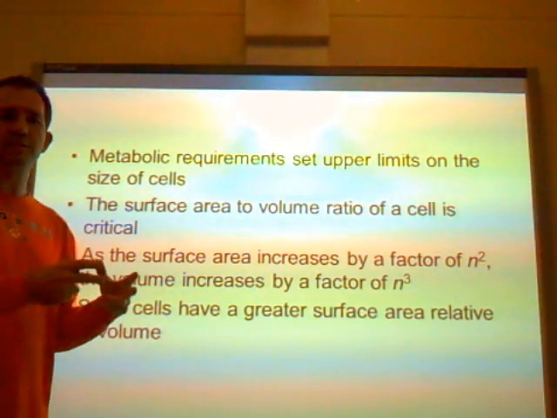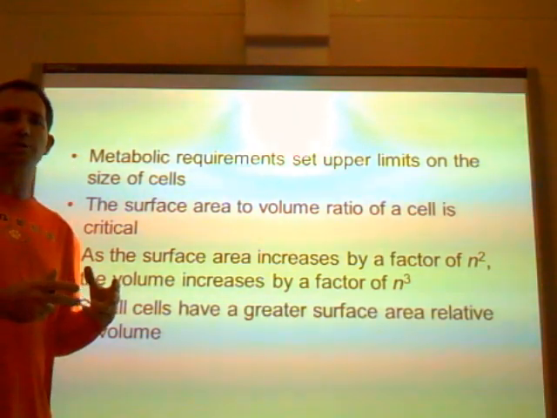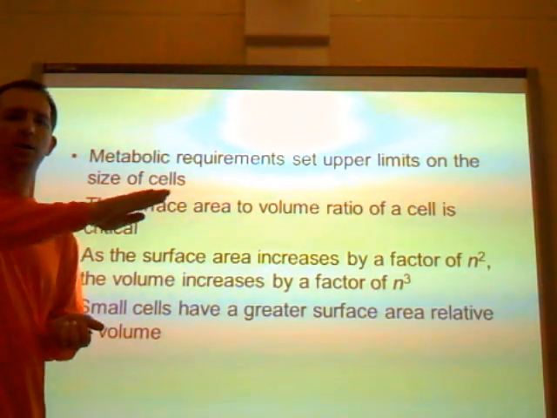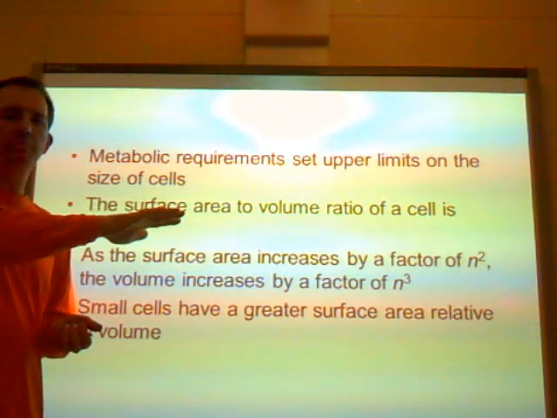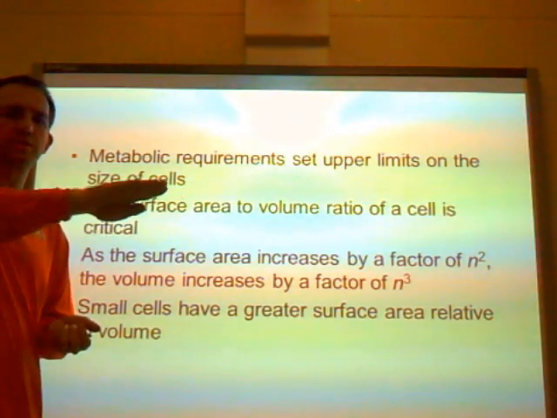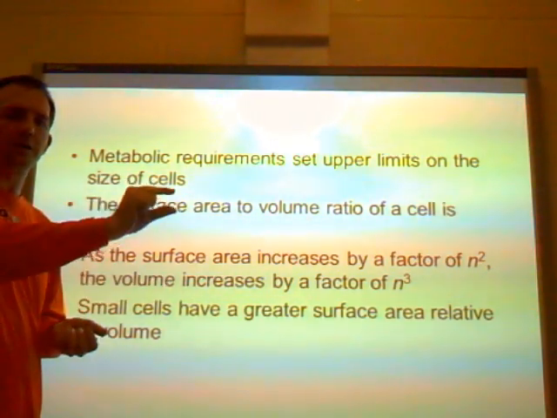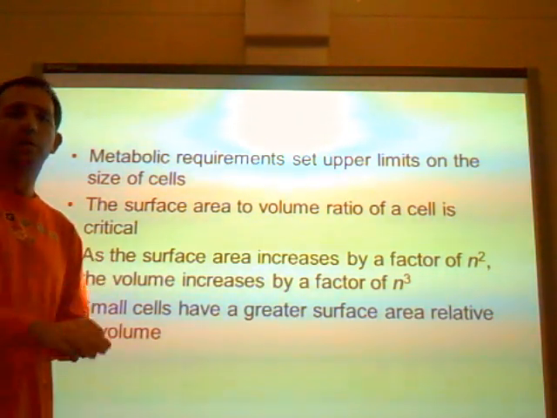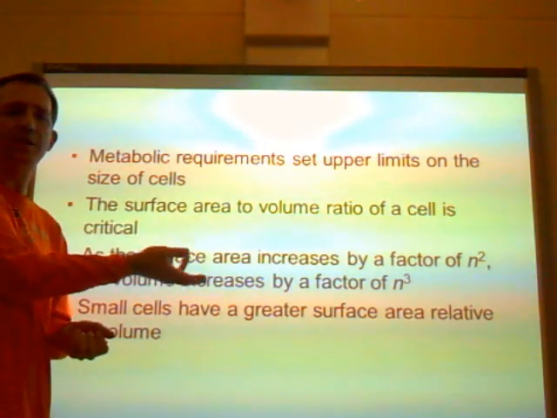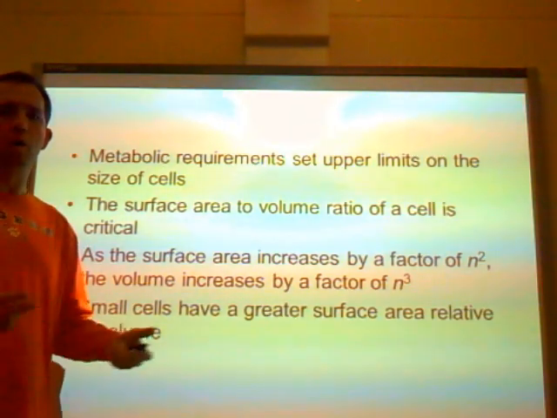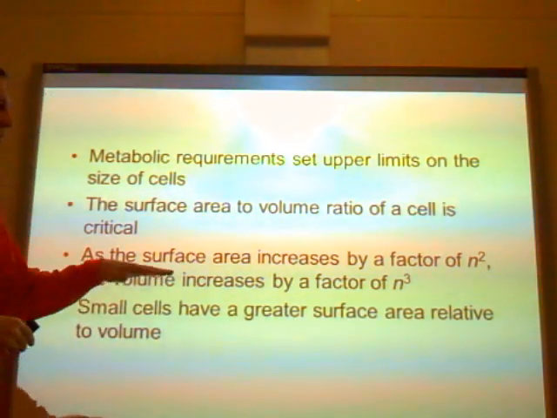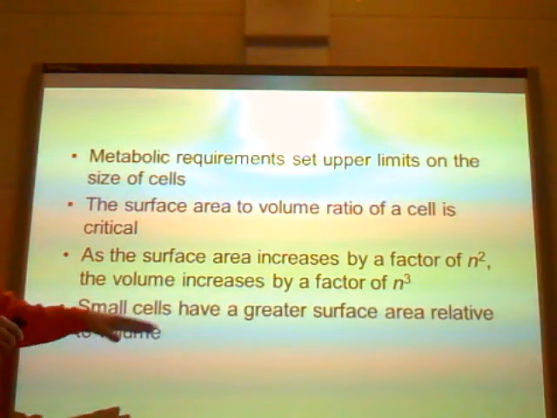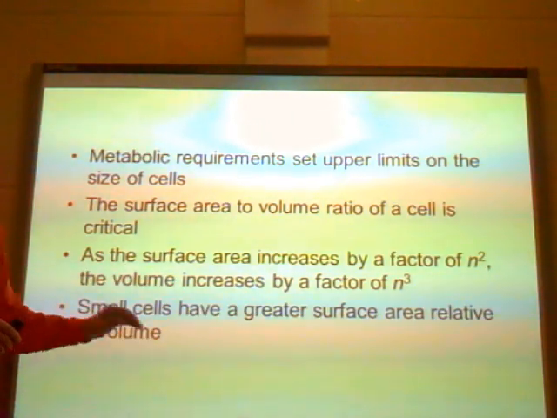And what we mean by surface area to volume ratio is we're going to see how much area is going to be, let's say, along the top and along the bottom, as well as the thickness, as compared to the entire three-dimensional structure. And what we want is to have a great surface area to volume ratio.